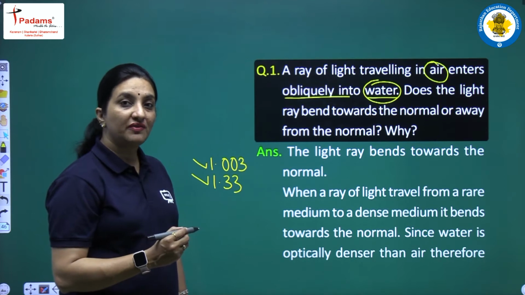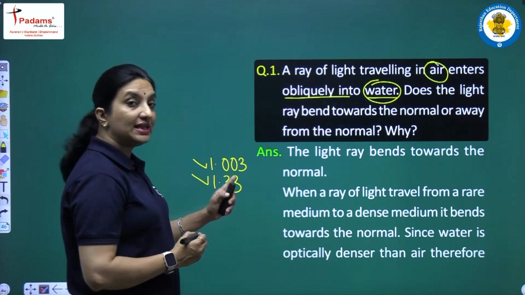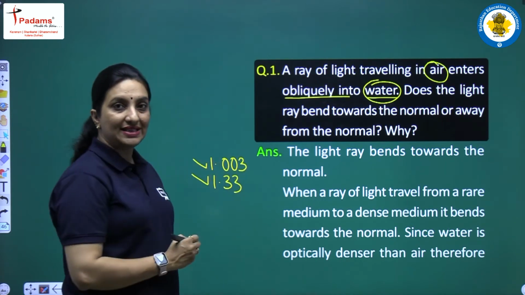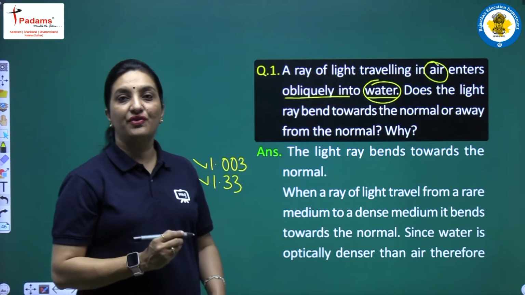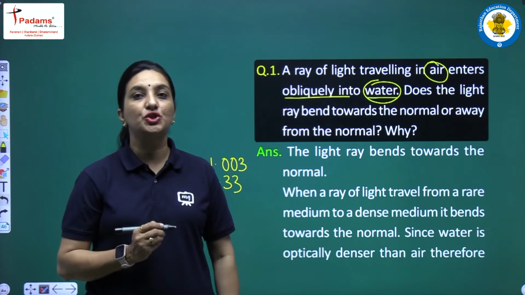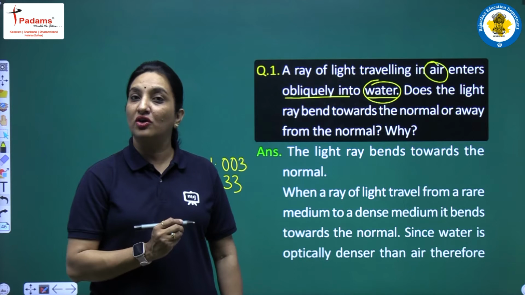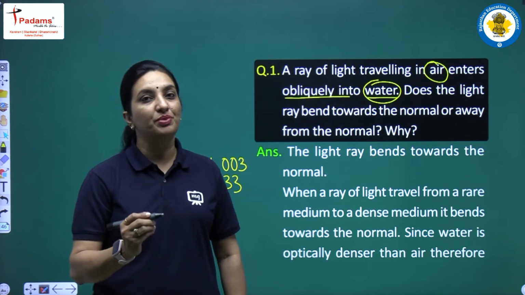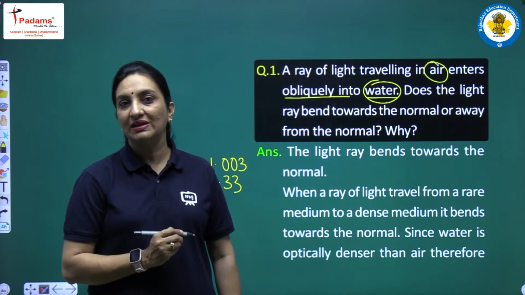So what we observe here is that the light ray is entering from a rare medium to a dense medium. So whenever light ray travels from a rare medium to a dense medium, it bends towards the normal because the light ray changes its speed and the speed decreases in the denser medium.